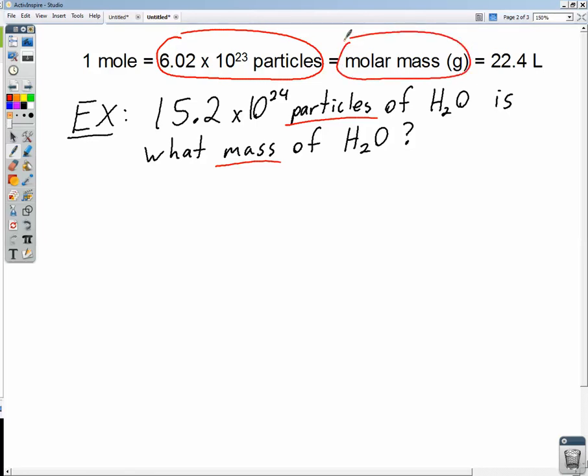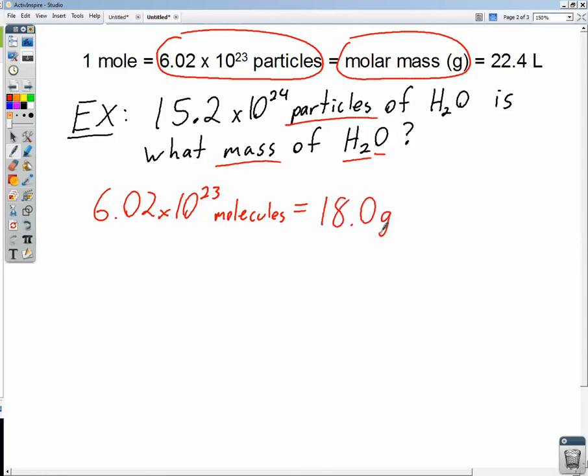All right, so our conversion equation is 6.02 times 10 to the 23rd, and this is a covalent substance, so it's technically molecules of H2O, is equal to, we have to go to the periodic table and find the mass of H2O. 2 hydrogens at 1 gram apiece and 1 oxygen at 16 gives us a molar mass of 18.0 grams.